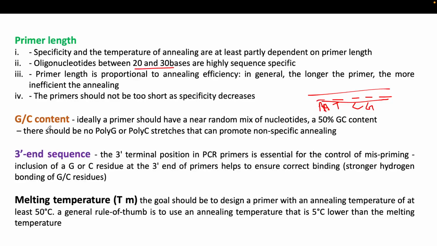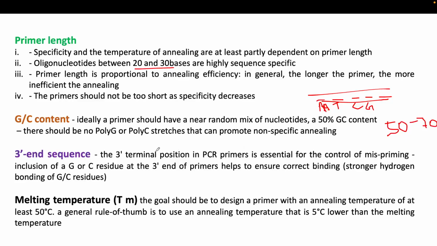Then you require the GC content. Ideally a primer should have a near random mix of nucleotides, that is, GC content should always be 50 to 70%. And there should be no poly G and poly C stretch that can promote non-specific annealing.